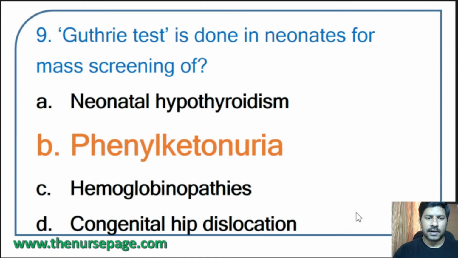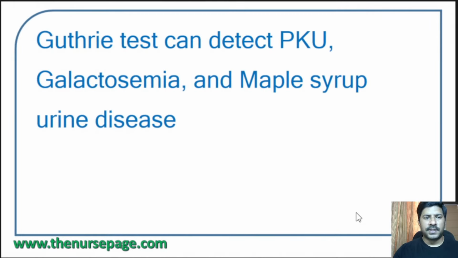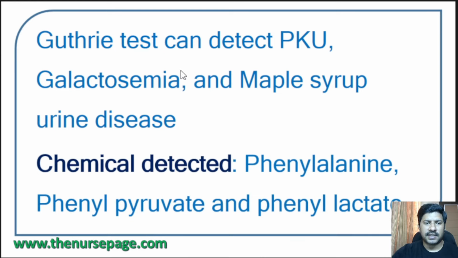Guthrie test can detect phenylketonuria, galactosemia, and maple syrup urine disease. The chemicals detected in Guthrie test include phenylalanine, phenylpyruvate, and phenyllactate. So it helps in diagnosis of phenylketonuria, galactosemia, and maple syrup urine disease.